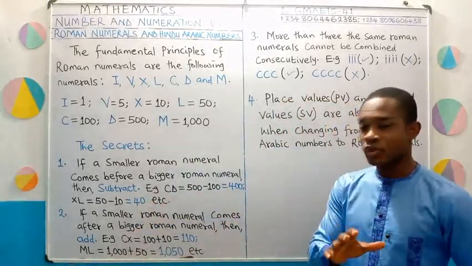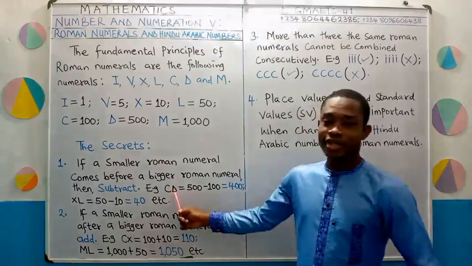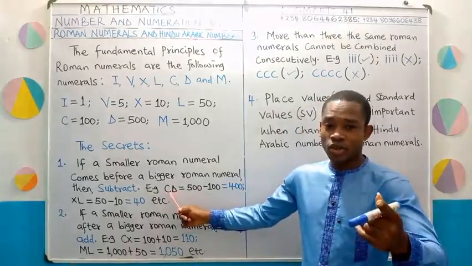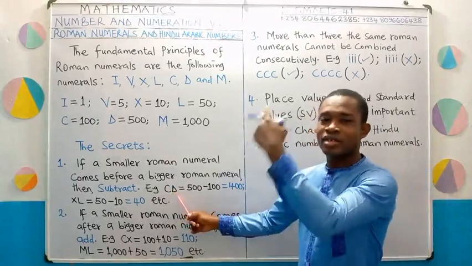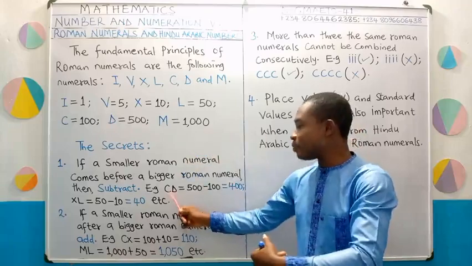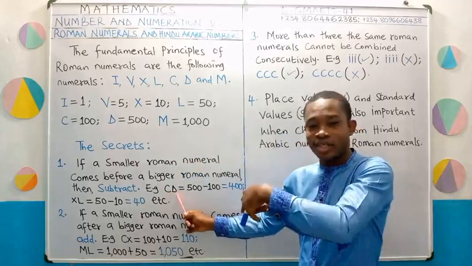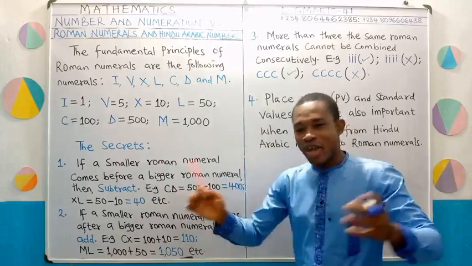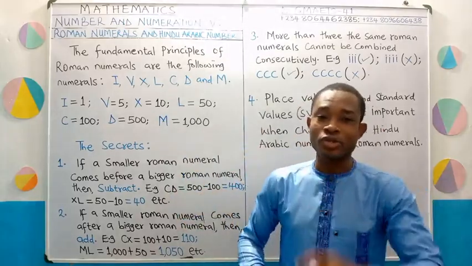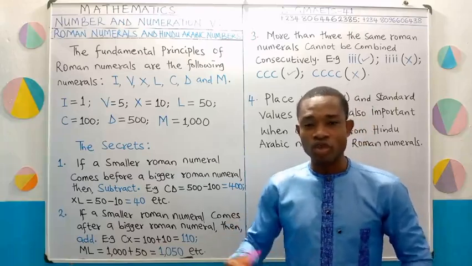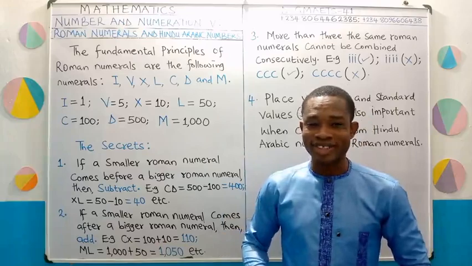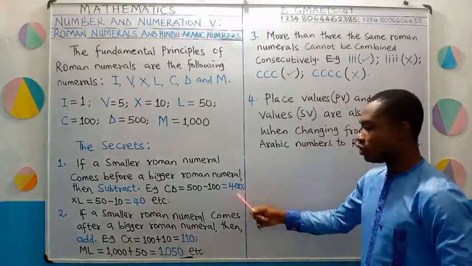We have some examples here on the board. CD. C is 100. D is 500. The smaller number there is C, which is 100, and it appears before D, which is 500. So you are expected to subtract in order to know the value of CD. It's going to be 500 minus 100, and that gives us 400.